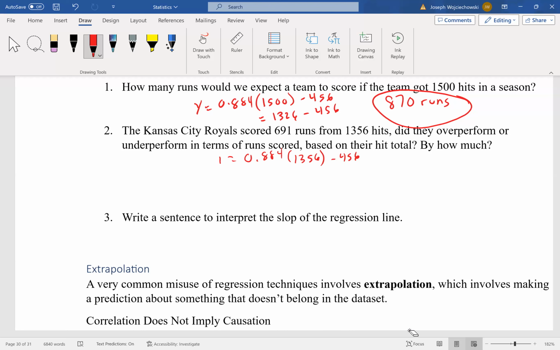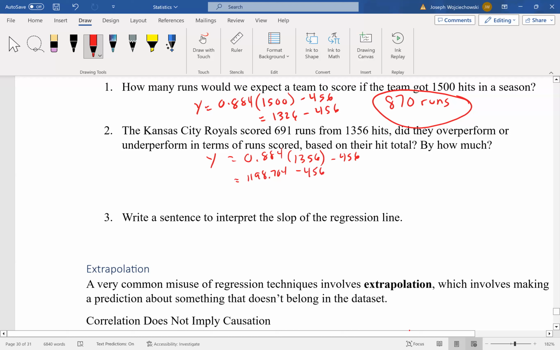Actually, we'll leave this as y. We know what it is, but we want to see what they should have scored, and then we'll compare it to what they did score. So 0.884 times 1,356, and we get 1198.704 minus 456.